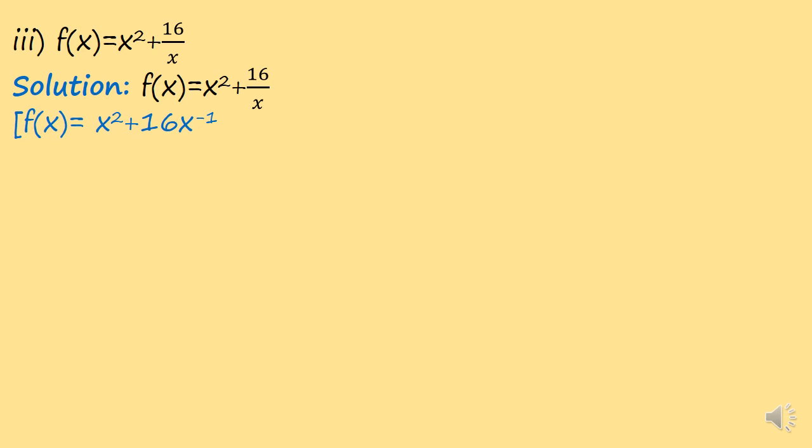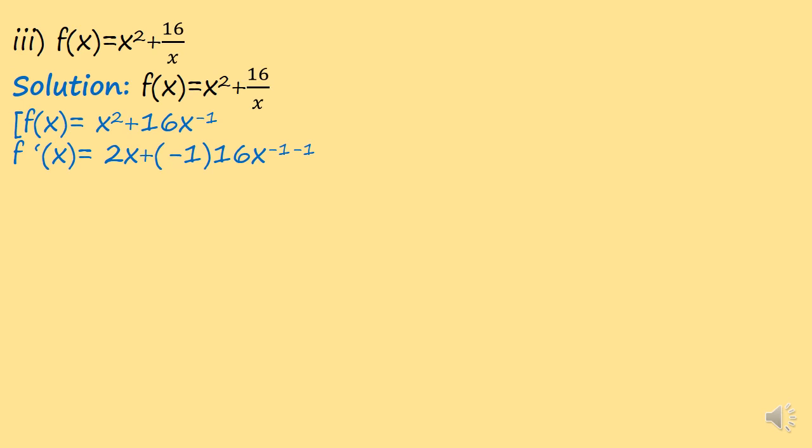See, f(x) is x square plus 16 upon x. Now it can also be written as x square plus 16 x raised to minus 1 by taking x in the numerator. And when we find the derivative, we get f dash x as x square becomes 2x and 16 x raised to minus 1. We use the formula for x raised to n, so n into x raised to n minus 1.